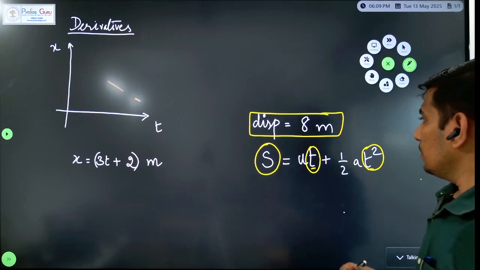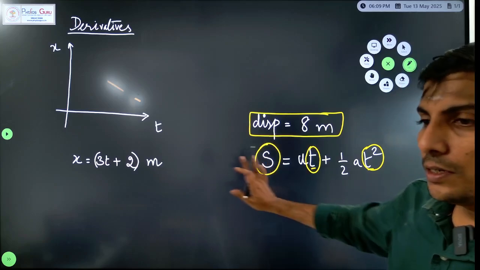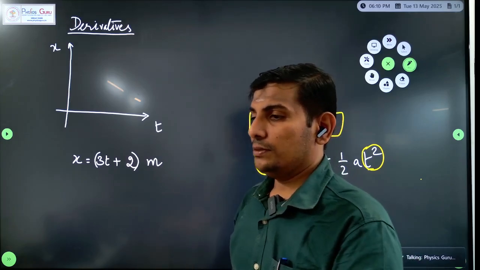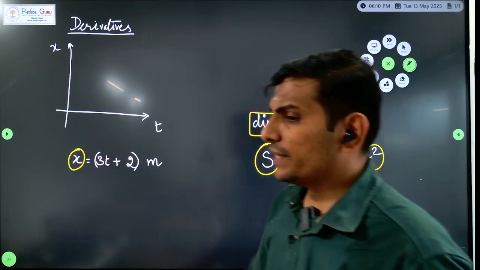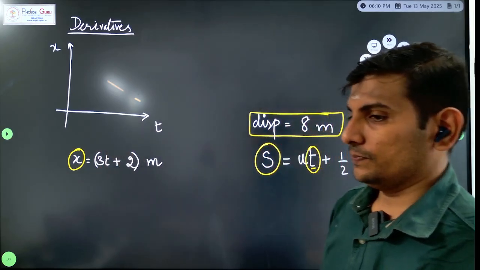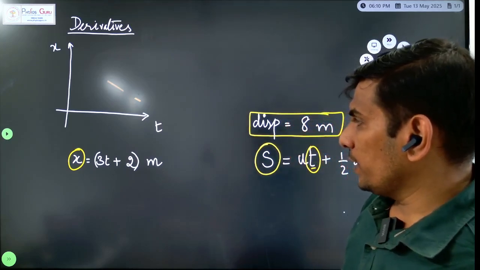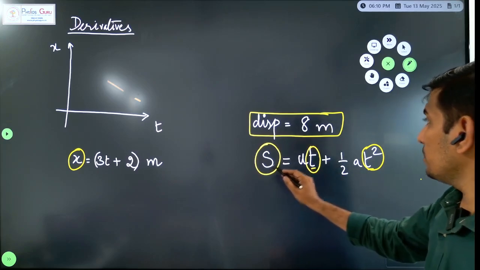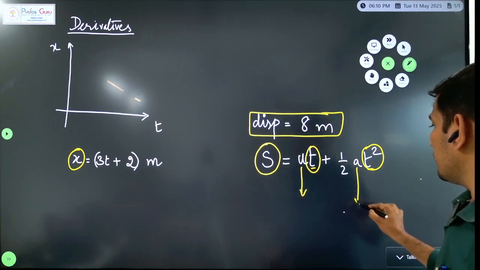We got familiarized to this data, and here altogether I am giving you a new method of expressing derivation. That is, here it is displacement. It can be any quantity, but I am taking displacement here. Got it? So I mean to say, in this equation, the displacement depends on initial velocity and some constant acceleration.